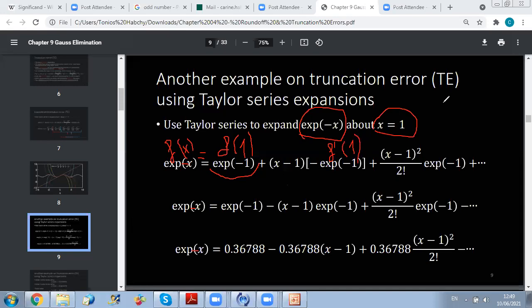So here also you see that it's a repetitive series because you have f of x is exponential minus x. So if you derive the first time with respect to x, you will get that f prime of x is minus exponential minus x.